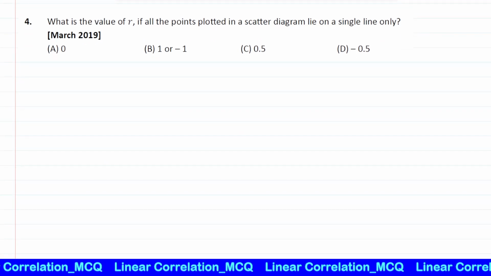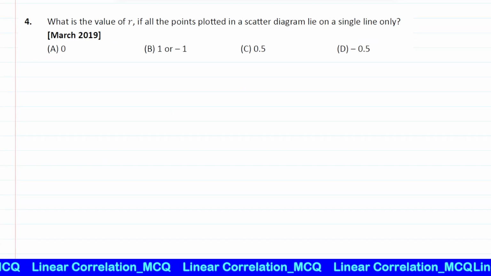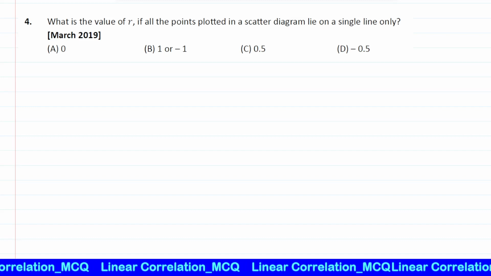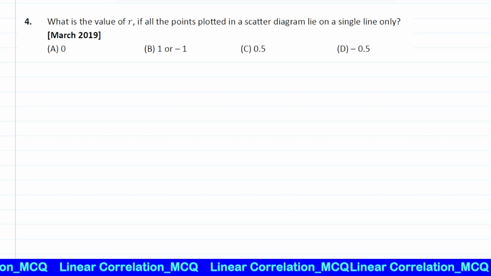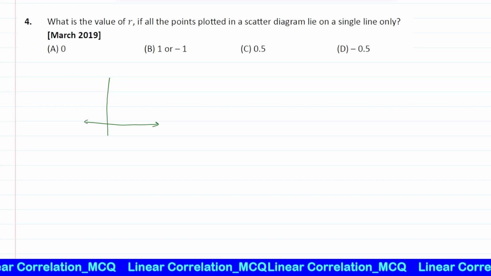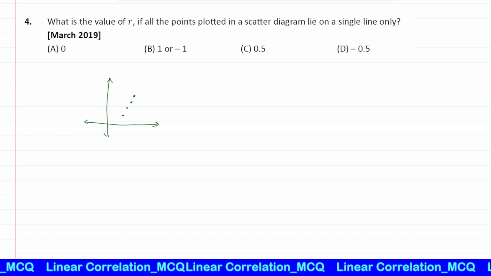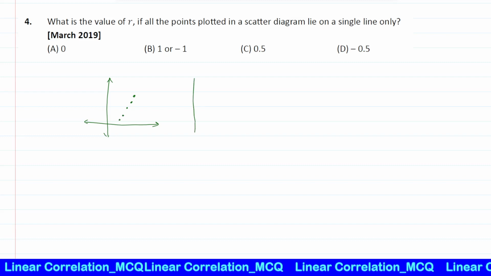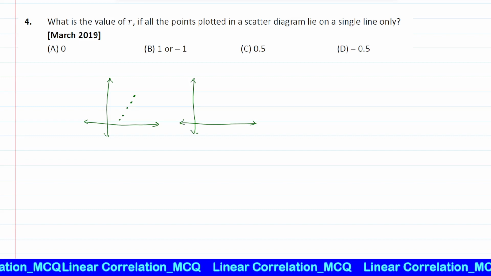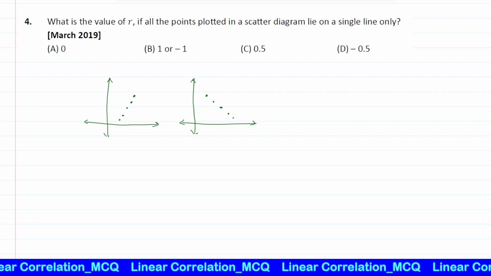Question number 5, asked in board examination March 2019. What is the value of r if all the points plotted in a scatter diagram lie on a single line only? Okay, we have two options. First, all the points lie on a straight line in increasing order, or it may be in decreasing order.